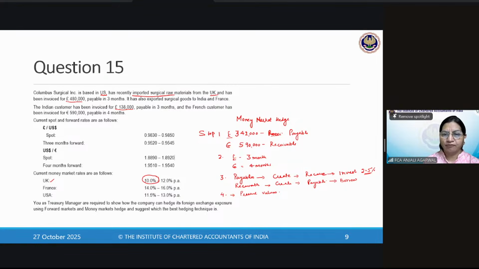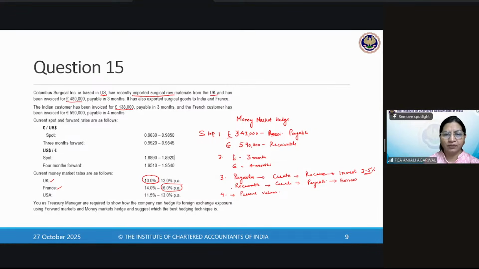And similarly, for the euros which you will receive, you have to create a payable in euros. For euro, we can take France as a replication of a euro country. So here you have to borrow. Borrowing will be available at a higher rate. Now this is for 4 months, so you will calculate 16 times 4 by 12, the rate applicable. That much is what you have to borrow.